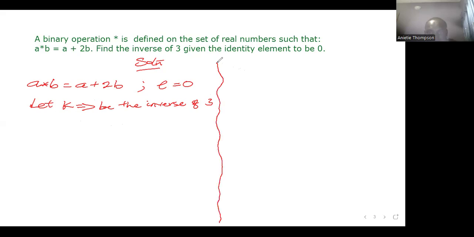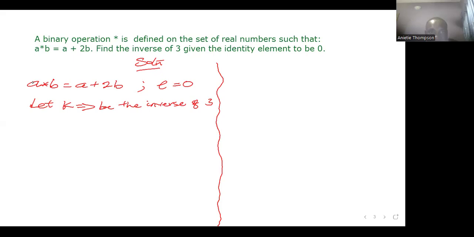Because if K is the inverse of 3, that means 3 asterisk K gives us the identity element.